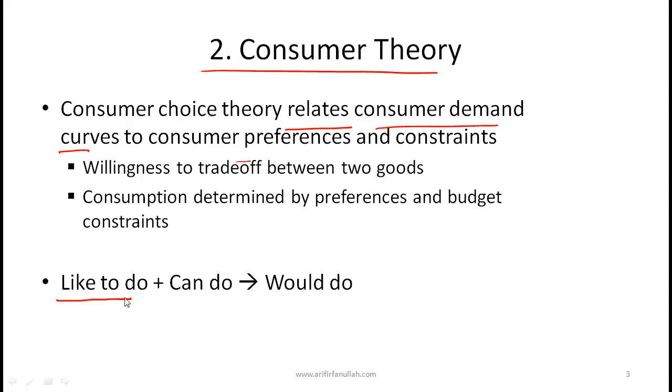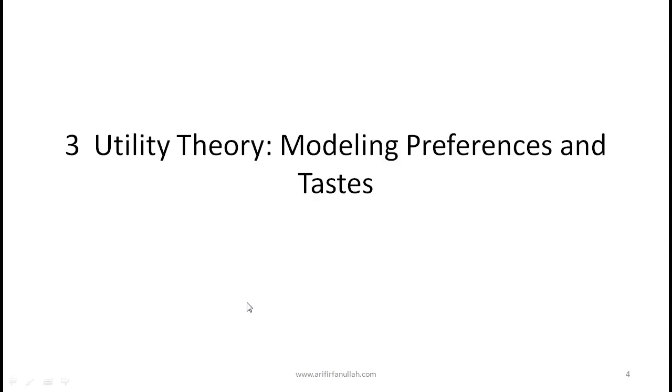So you combine what consumers like with what consumers can do, constraints coming from your salary. You would like to have, let's say, more and more good stuff, but what are you constrained by? By your income. So the income essentially defines what you can do. You combine the two and that determines what you actually do. Okay, so that is a high-level executive summary of what you are going to see today.